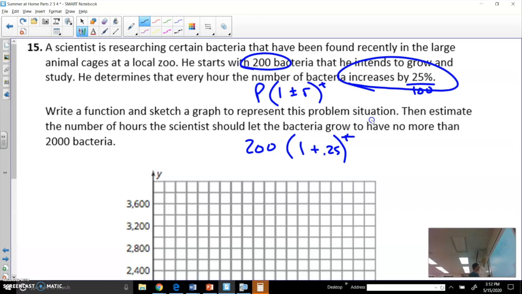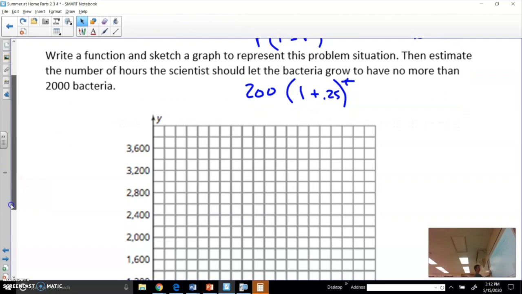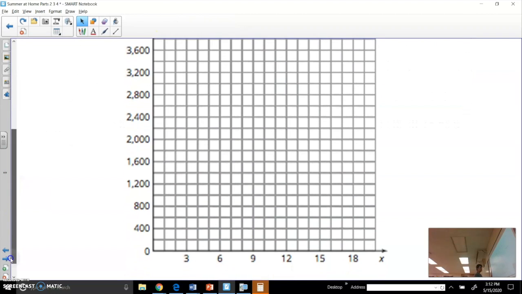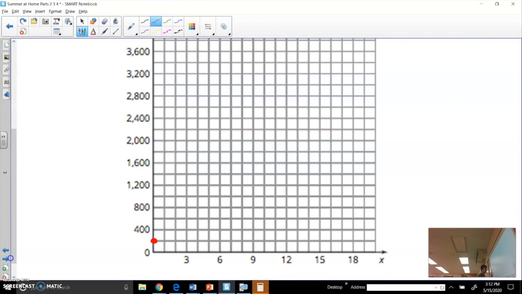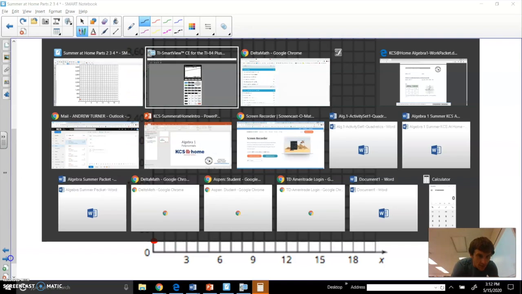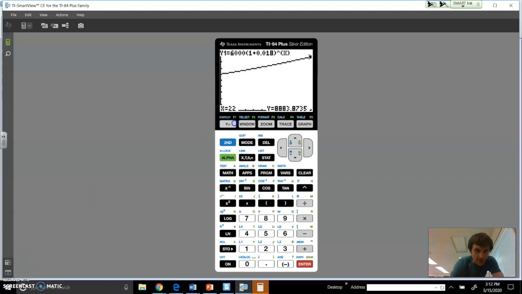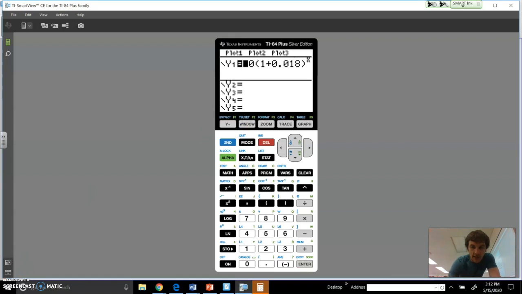So we're going to sketch a picture of this bacteria model by saying, okay, well, if we start with 200, that's our first point way down here, right there at 0, 200. And maybe we'll use the calculator again to get some good input-output points. Let's see, we had 200.